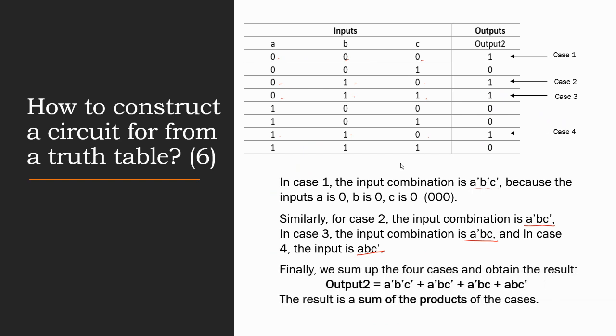Output 2 is equal to not A, not B, and not C, plus not A, B, and not C, plus not A, B, and C, plus A, B, and not C. This is the Boolean expression for output 2.